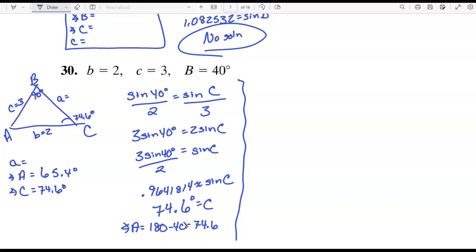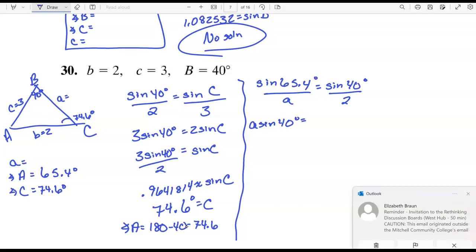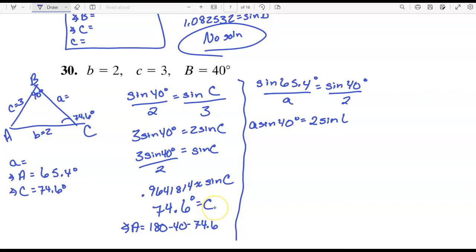And then to find side A, I'm going to use sine of 65.4 over A equals sine of 40 over 2. And then when I plug that in, I got A to be about 2.83.